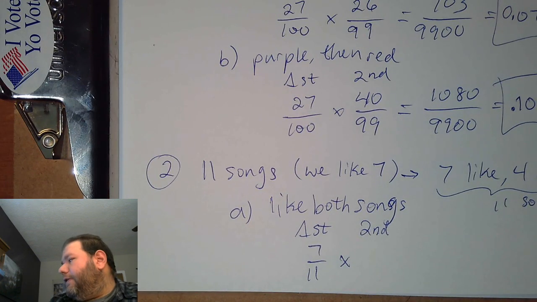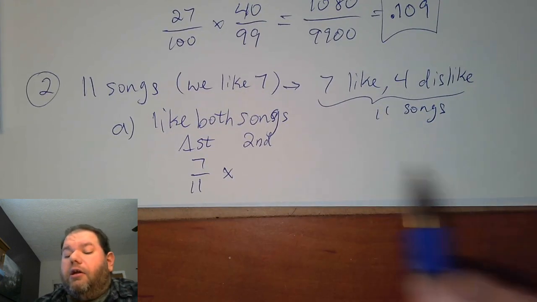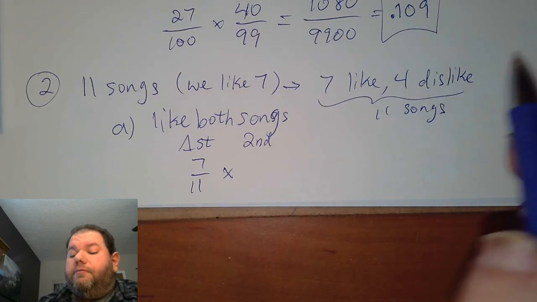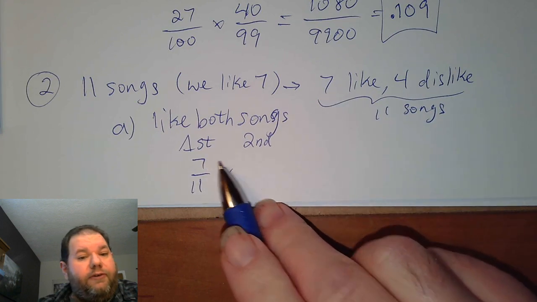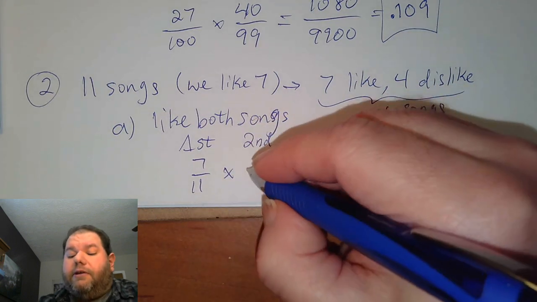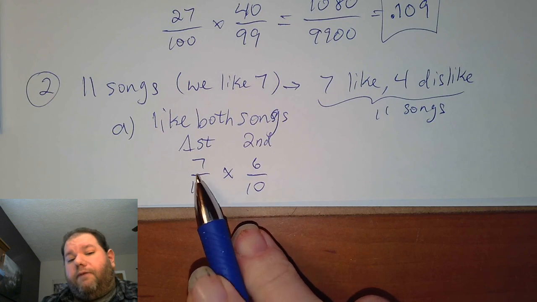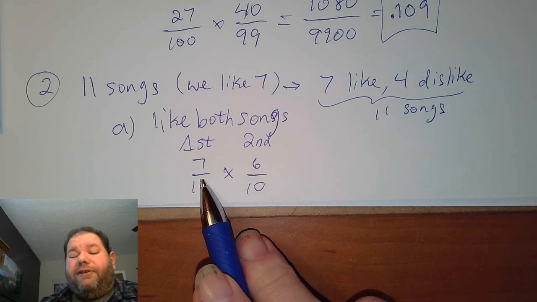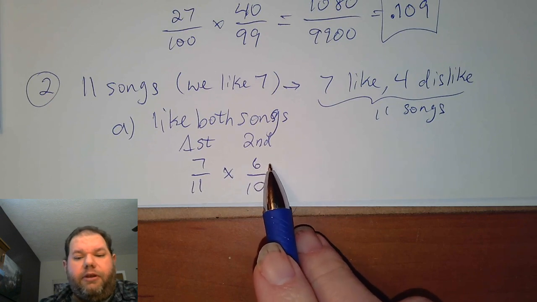And for the second song, we know of the 7 that we like, we already played 1, so there's still 6 more that we like. Right, so it'd be 6 out of 10. So by playing the first song, we know there's only 10 songs left to play, and of those 10, 6 of them we like.